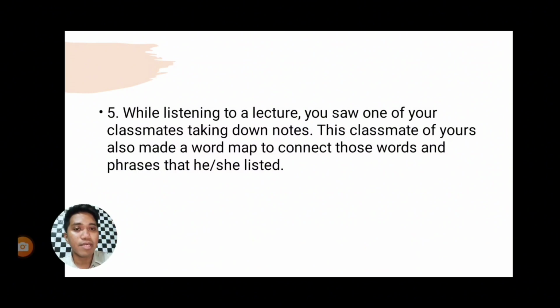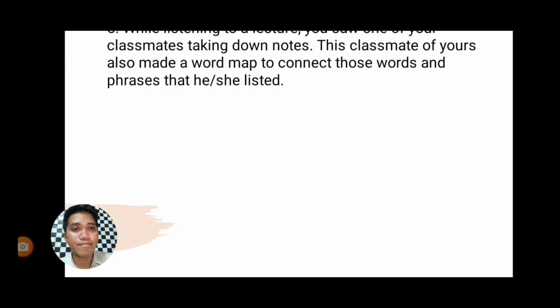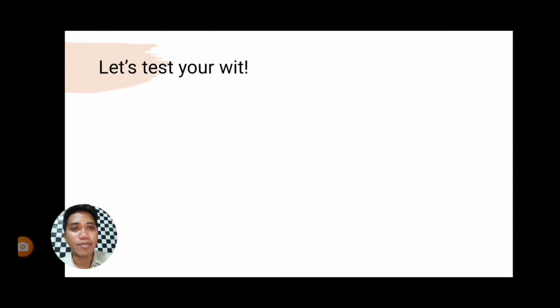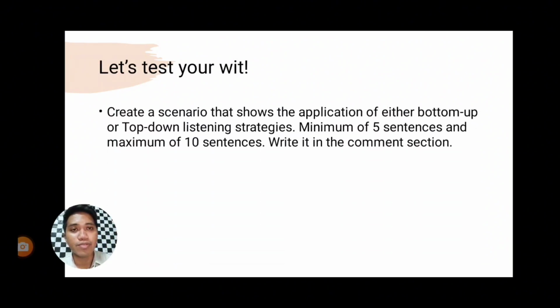So how about this one? Our last assessment. Okay. So you try to answer this one. Create a scenario that shows the application of either bottom up or top down listening strategies, minimum of 5 sentences and maximum of 10 sentences. Write it in the comment section too.